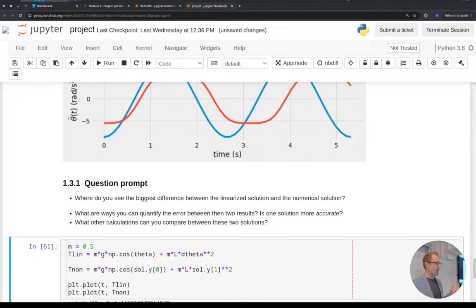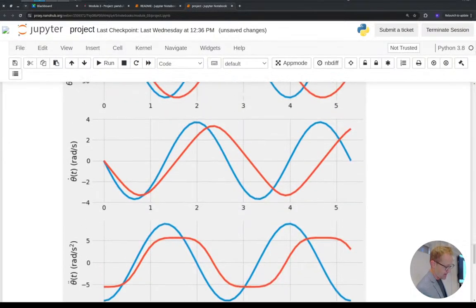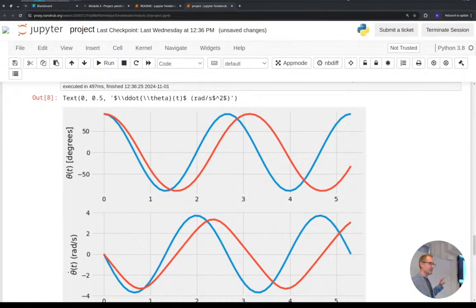I'm making a technical report. It doesn't have to be a long 10-page paper, but it is a technical report where I have all these graphs and I want to explain what the important pieces of these graphs are. So here I'm at an initial angle of pi over 2, so I have a 90-degree start angle. The amplitude of my pendulum oscillating for position is exactly the same. So that's not a difference that I'm noticing between linear versus nonlinear.